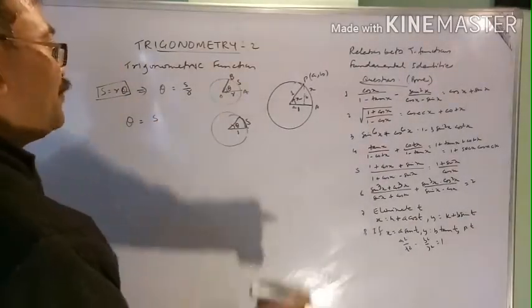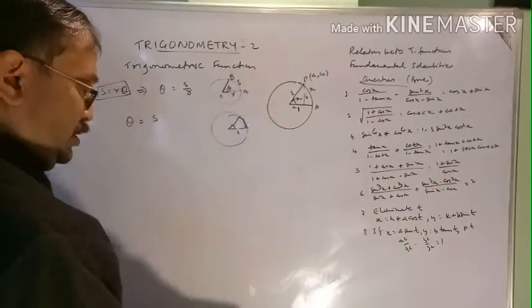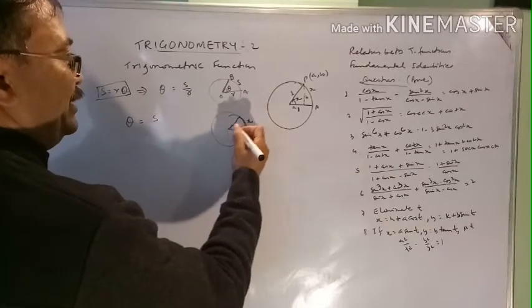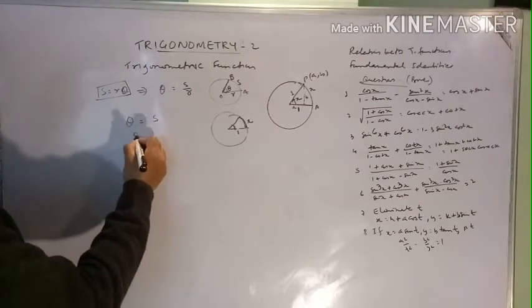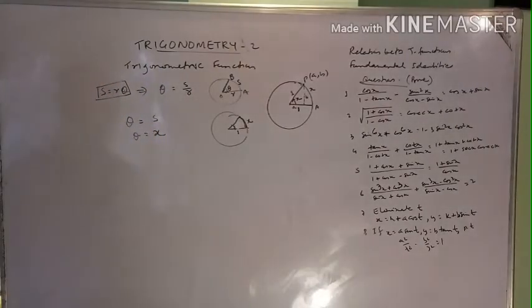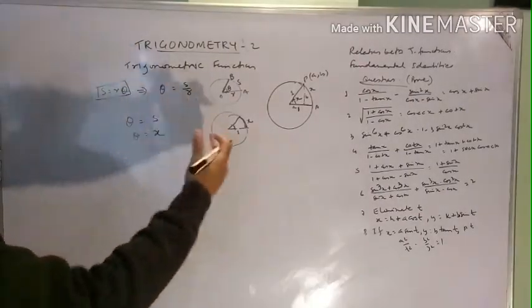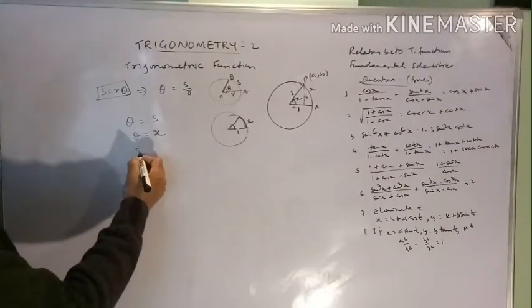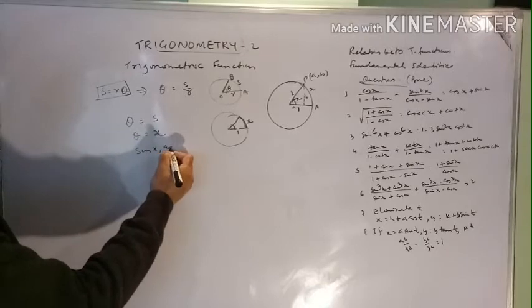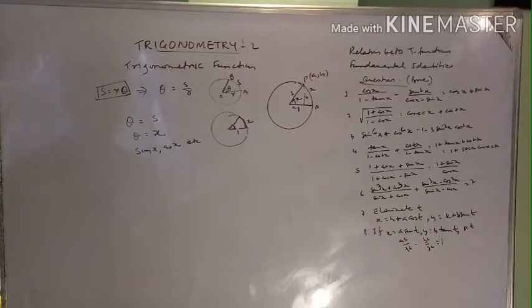Now, if we suppose this arc length to be x, then theta will be equal to x. So now, in place of writing sine theta, cos theta, when theta is in radian measure, we can write sine x, cos x, etc., where x is any real number.